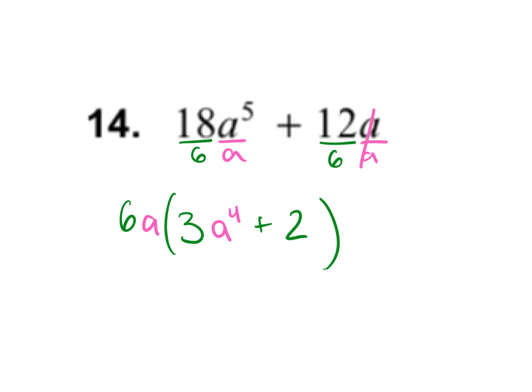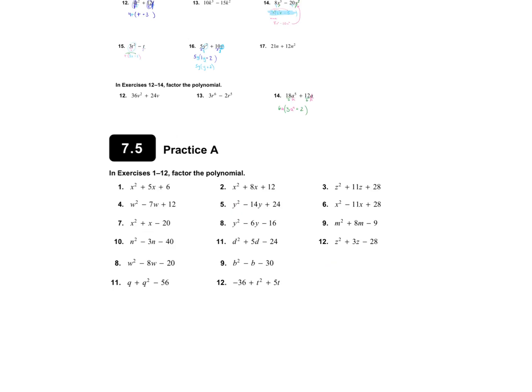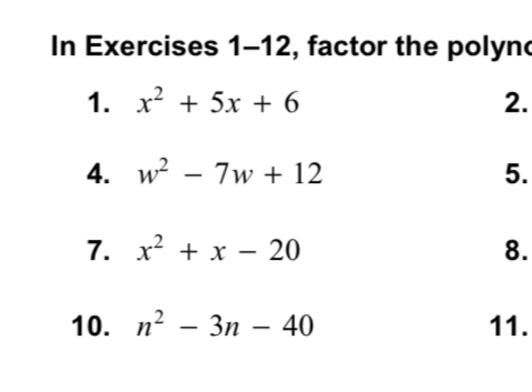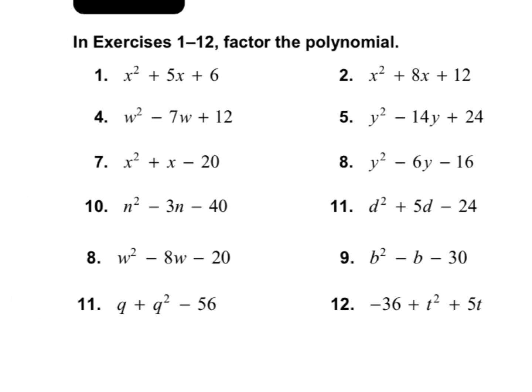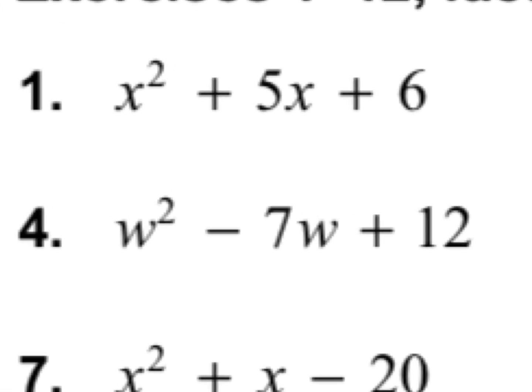Any questions? All right, let's do the factoring on the bottom, so 7.5. I think I'll do all the ones in the first column and then let you guys work on the rest of them. So starting with number 1, we always want to see what are 2 factors of the last term that add up to the middle term. So what are 2 numbers that multiply to 6 but add to 5? 3 and 2.